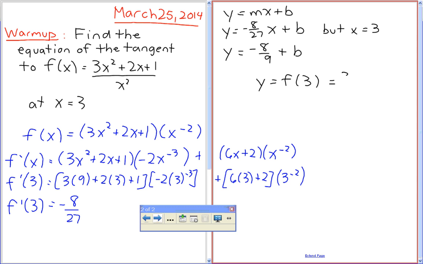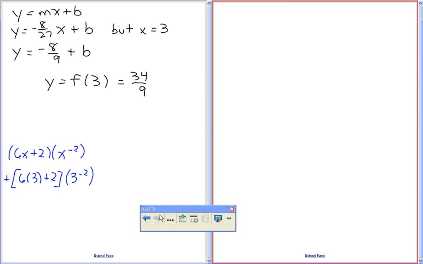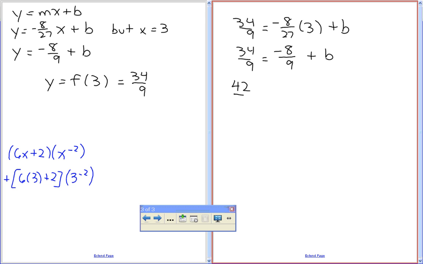Going to the next page, my equation should be 34 over 9 equals negative 8 over 9 plus b. Add that over, that's 42 over 9. So y should be negative 8 over 27 x plus 42 over 9.